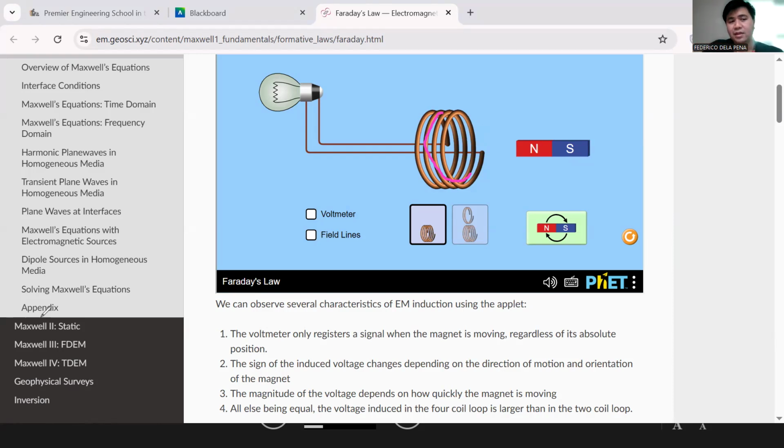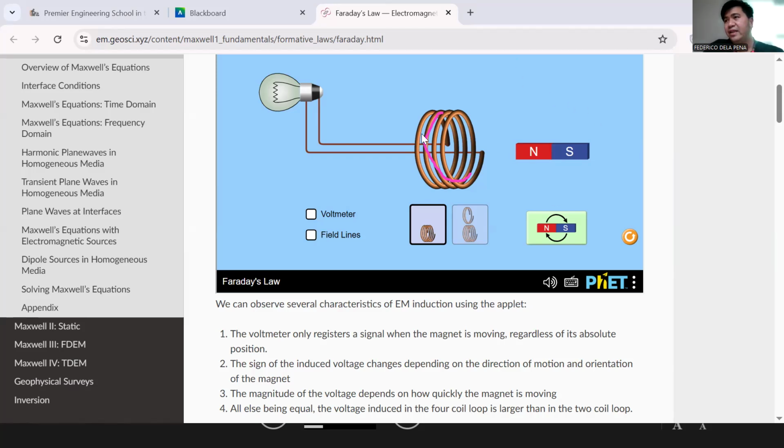So essentially, you're just trying to magnetize the subsurface. And as the subsurface gets magnetized, it will create a current, and the current will also create a secondary magnetic field.